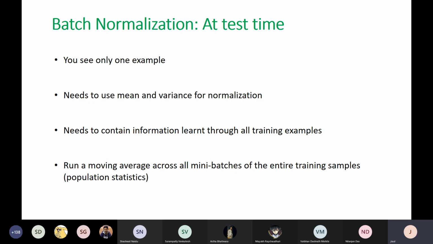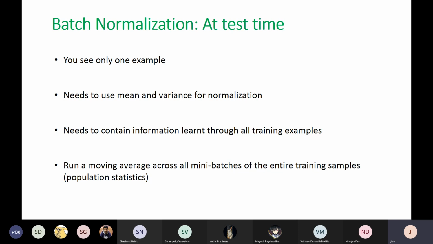What we do is remember the means and variances from the training samples, in a sense the population statistics of the training samples. We simply run a moving average across all mini batches of the entire training set.